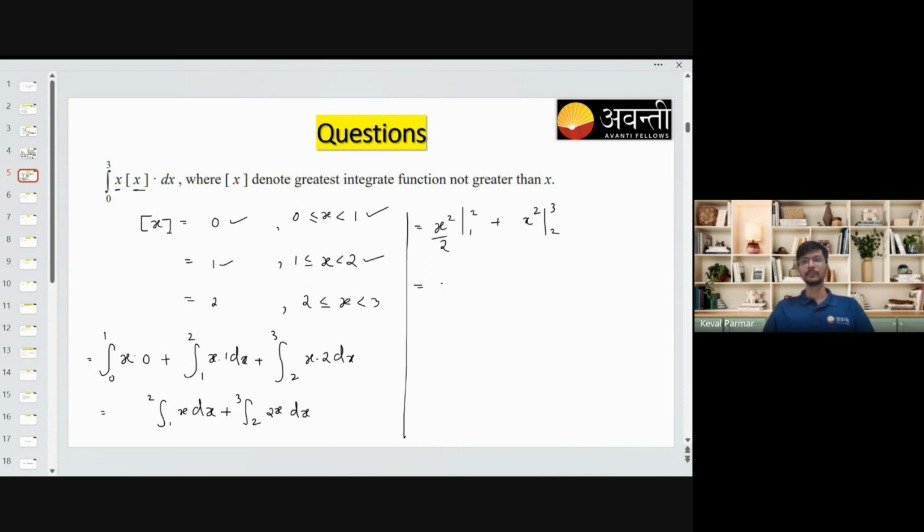That means 2 square 4 minus 1 by 2 plus 9 minus 4. So which is 3 by 2 plus 5, 13 by 2. This is my answer. So how this we can do it by using the property 4.